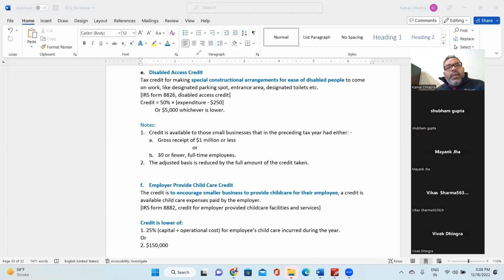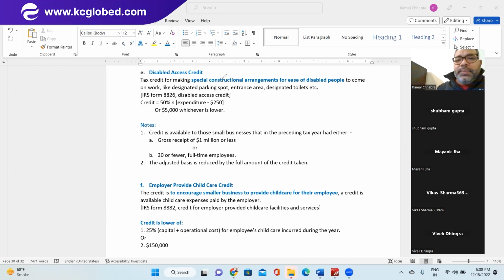The tax credit for making special constructional arrangements for ease of disabled people to come to work, like designated parking spot, entrance area, designated toilets, etc. So you will get a credit of 50% of the expenditure you have made minus $250, or $5,000, whichever is lower.